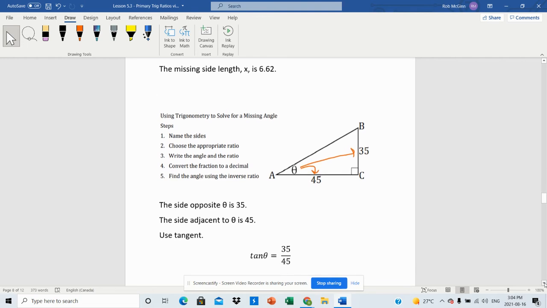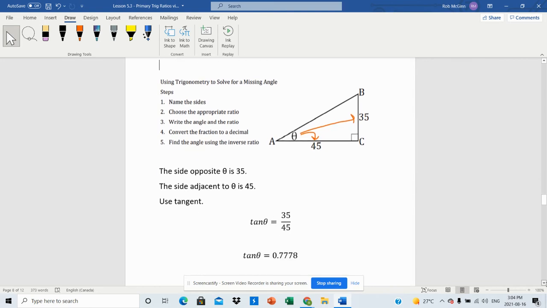Tan theta, because we don't know what theta is in this case, equals our opposite side divided by our adjacent side. Our opposite side is 35. Our adjacent side is 45. So we're just going to solve that out first. 35 divided by 45. And we'll get tan theta equals 0.7778. That's rounded off. It's just a repeating 7.